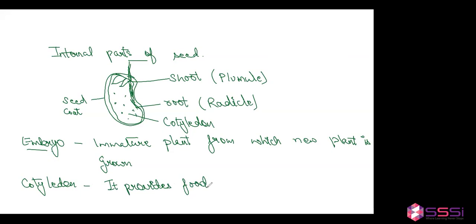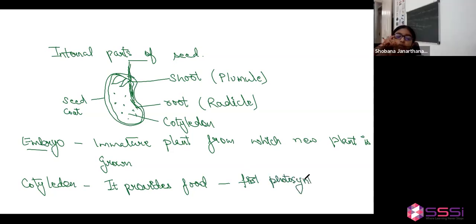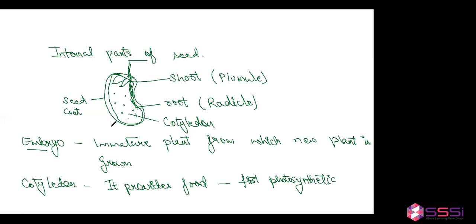thus it is the first photosynthetic organ of the plant. Inside the root, some other thing like photosynthesis will happen for food? Yes, actually the photosynthesis first happens in cotyledon.